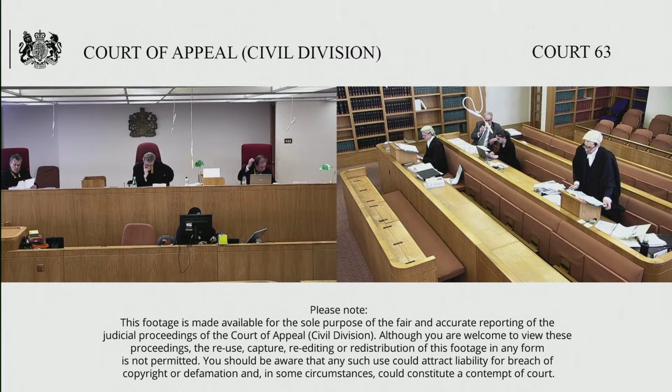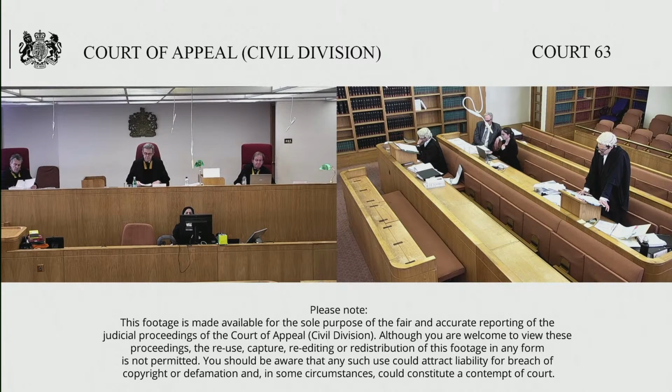My Lord, I'm not sure I could give any definite answer to that question. I think I'd have to take instructions on that. It is my understanding that there is not a series of plans setting out settlement boundaries within Cornwall.